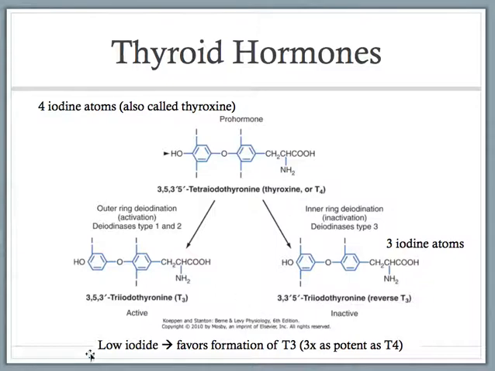When there are low iodide states in the body, that favors the formation of T3 rather than T4 because T3 is 3 times as potent as T4. And potent means strong. So it's 3 times stronger than T4. So you get a little bit more bang for your buck. So that's why we name them T3 and T4. It is telling you how many iodine atoms are associated with the hormone.